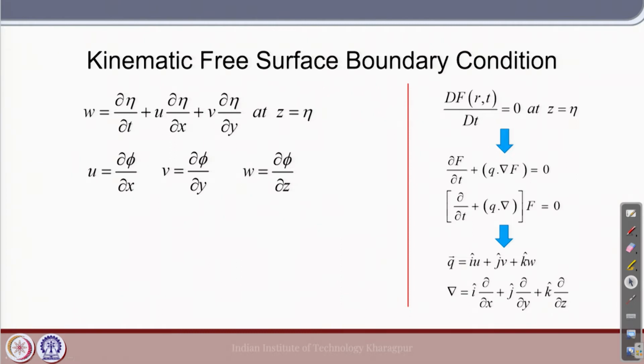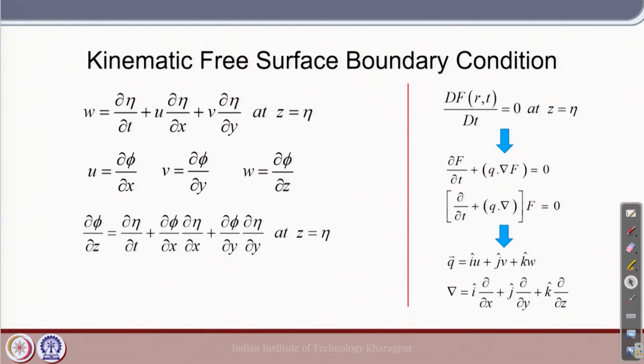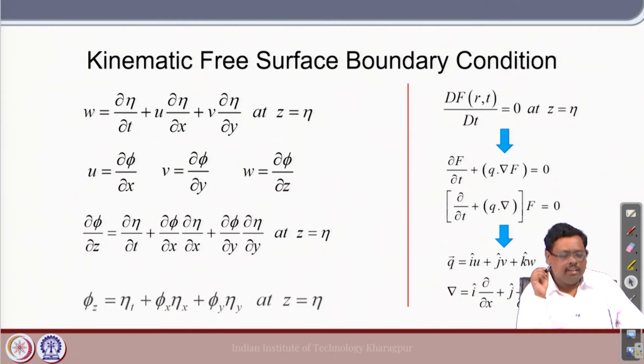So, now I replace u equal to ∂phi/∂x, v equal to ∂phi/∂y and w equal to ∂phi/∂z in this equation, and then finally I get the complete expression as ∂phi/∂z is equal to ∂eta/∂t plus ∂phi/∂x into ∂eta/∂x plus ∂phi/∂y into ∂eta/∂y, and this applies at z equal to eta. So, this is my kinematic free surface boundary condition, which states that the water particle has to stick on the free surface. If it is so, then this condition should hold.